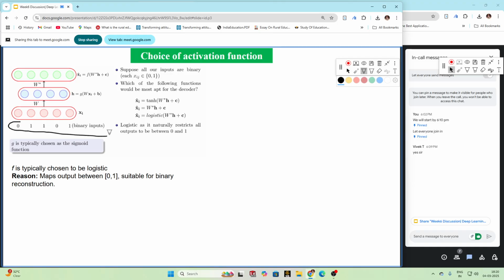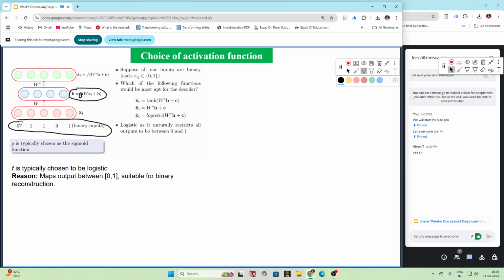Okay, that is a number between 0 and 1. So input can be binary inputs. For binary inputs, the type of activation function that we are using in the encoding layer, that is g, is nothing but your logistic function. Why are we using the logistic function?